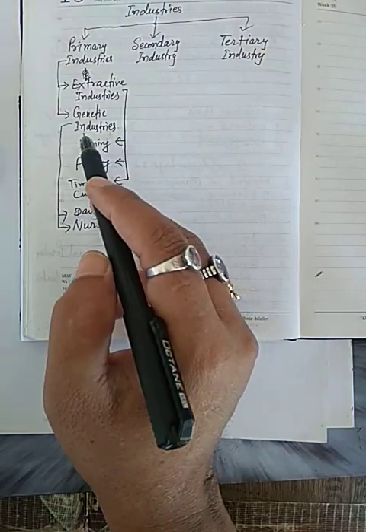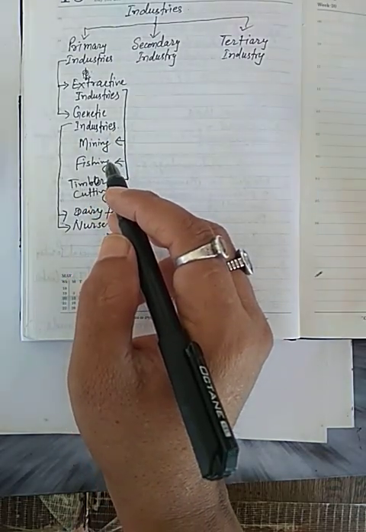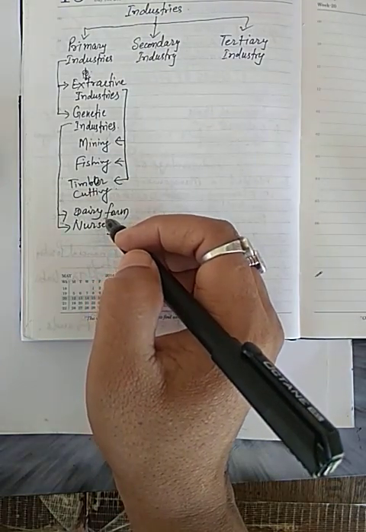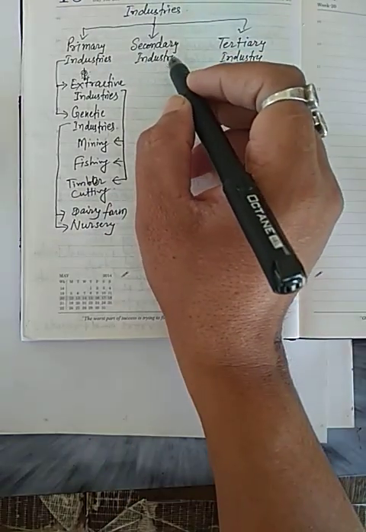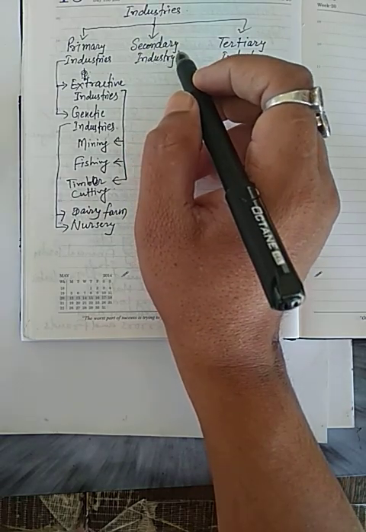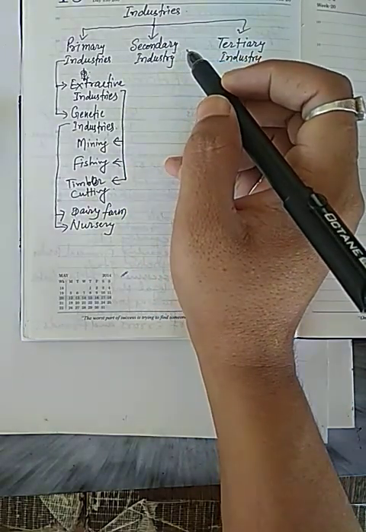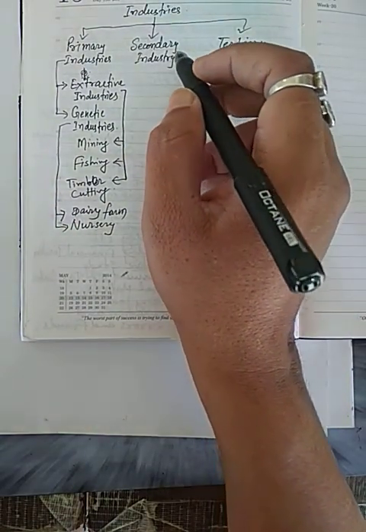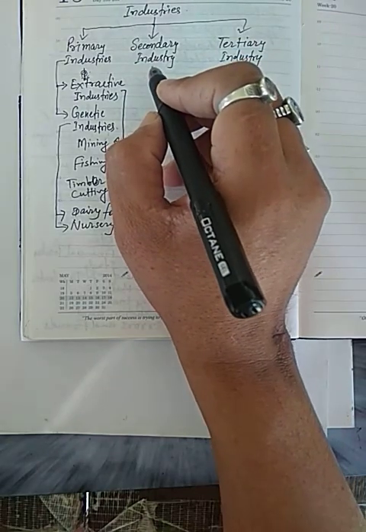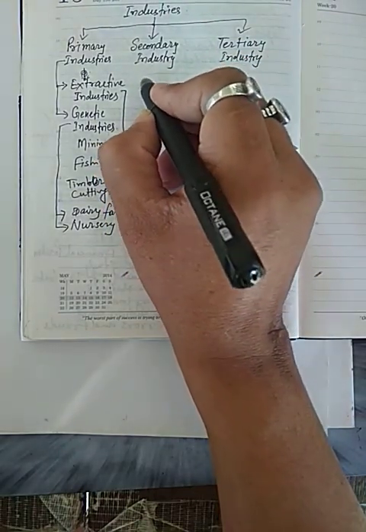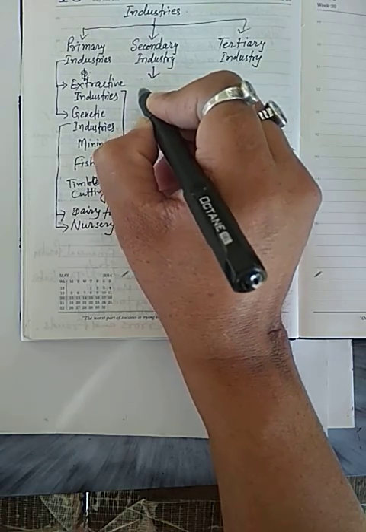Now, secondary industries. Secondary industries have two categories. First is manufacturing industry.